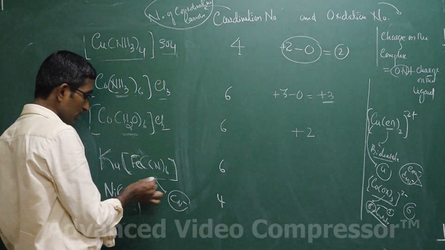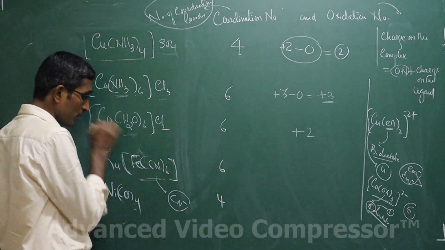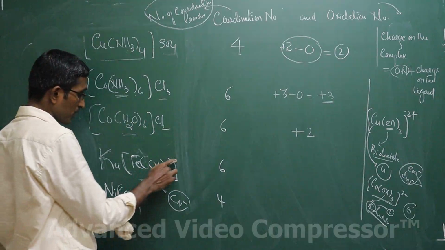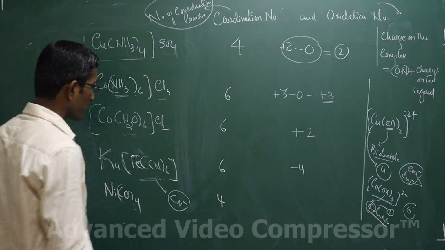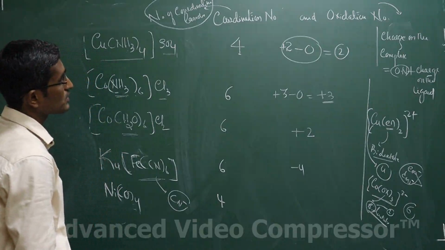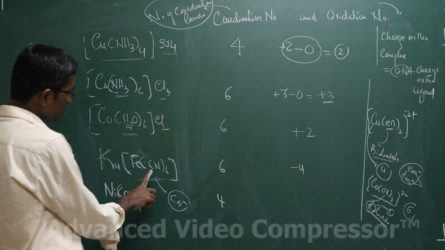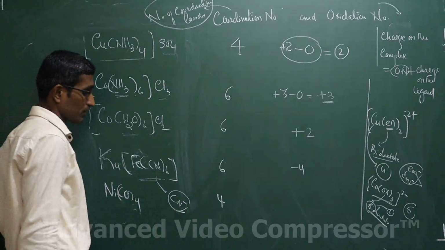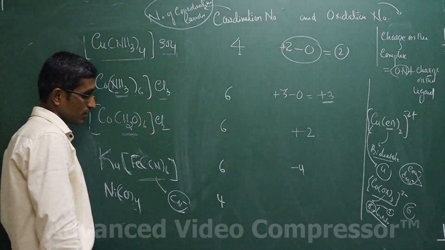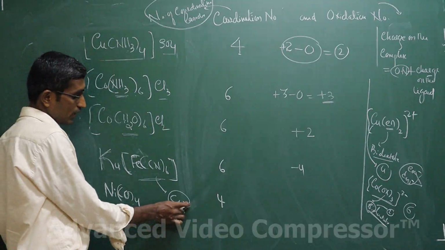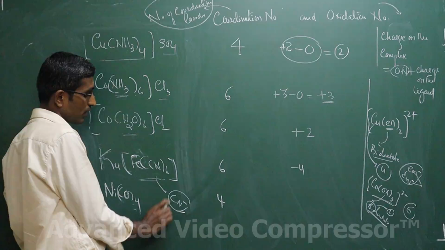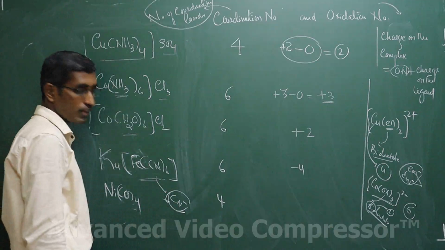Here, on the other hand, the charge on the complex ion is minus 4, right? The ligand is a CN minus ion, students. Try to understand, it is a negatively charged ligand. How many CN minus ions are there? 6 CN minus ions.